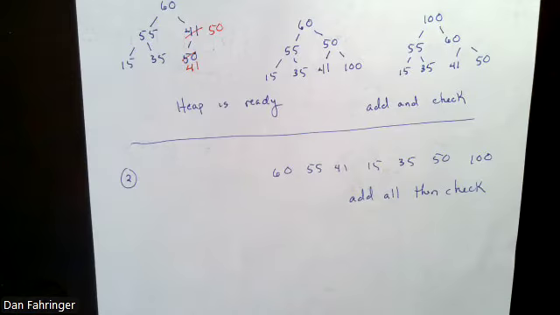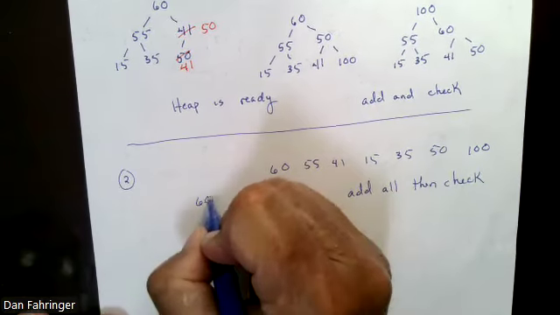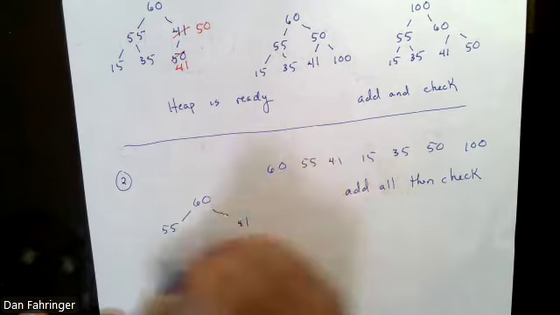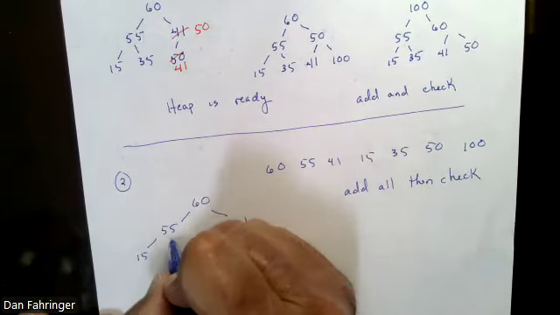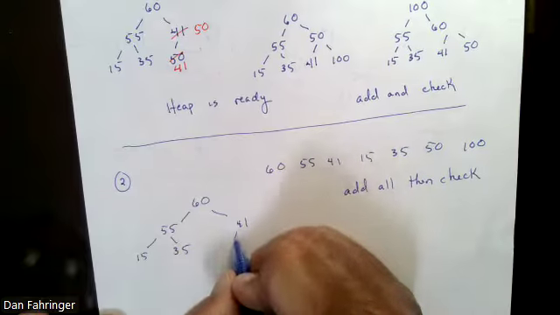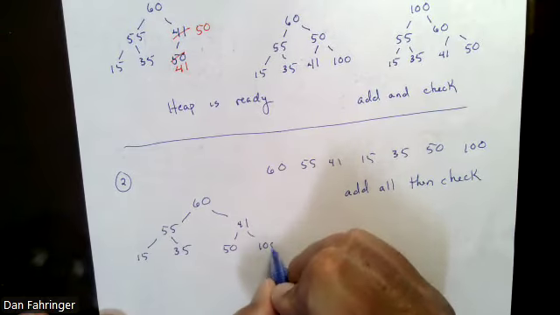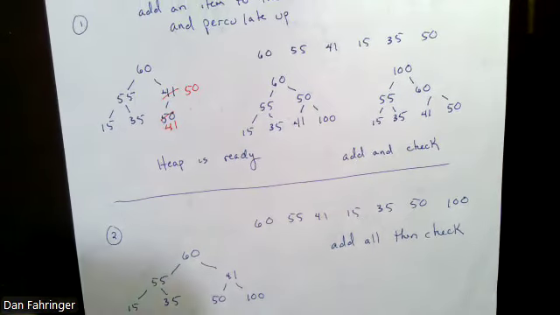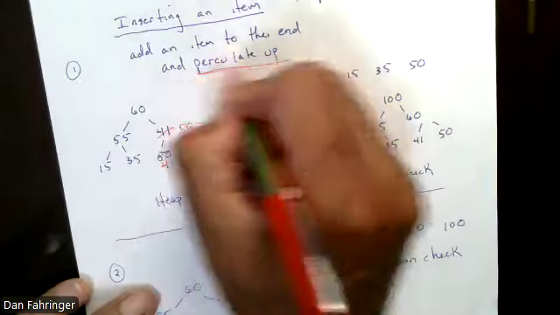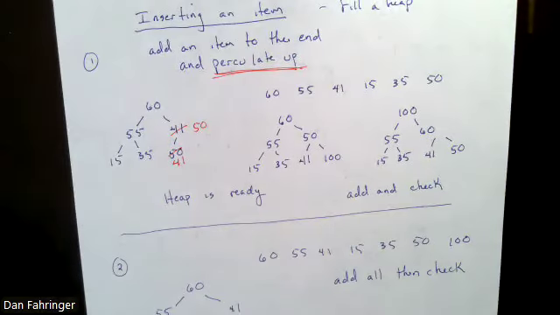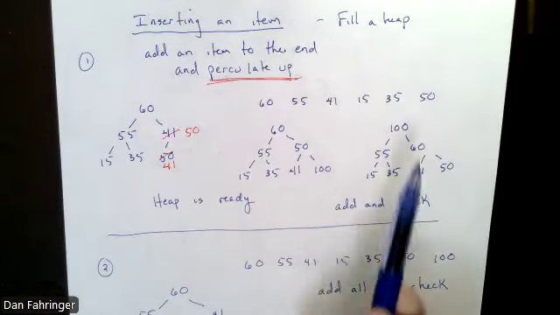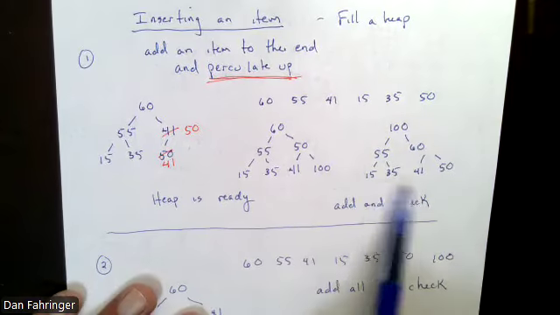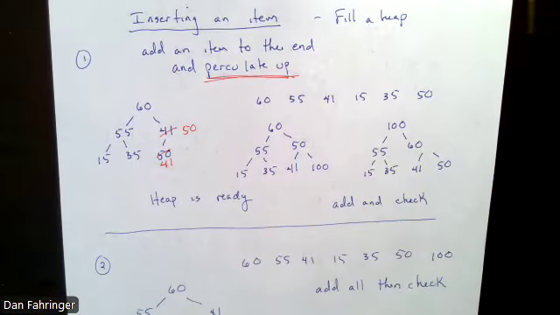So let's see, we're going to add all: 60, 55, 41, 15, 35, 50, 100. Up here, we did our percolate up. So the first method of getting it ready, and again, all we're doing is getting it ready so that we can now do the heap sort. Now we can start everything we need to do to sort them.